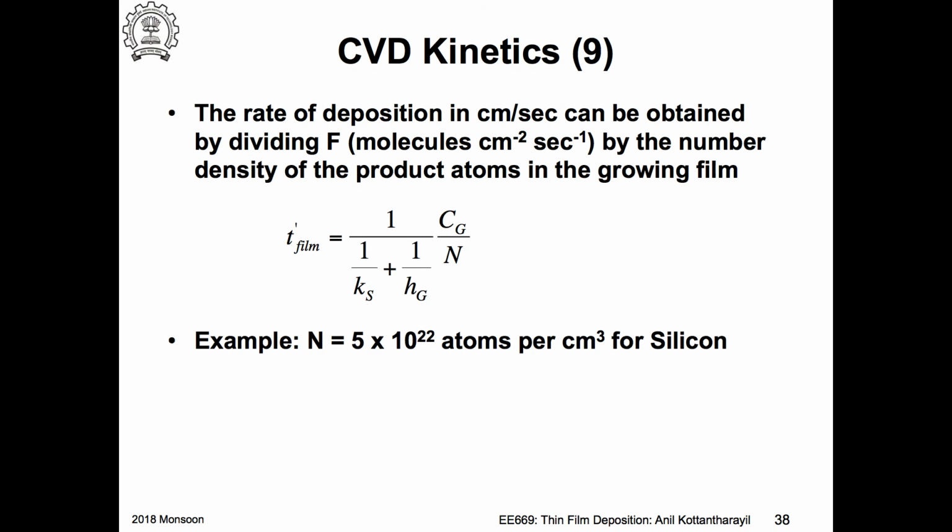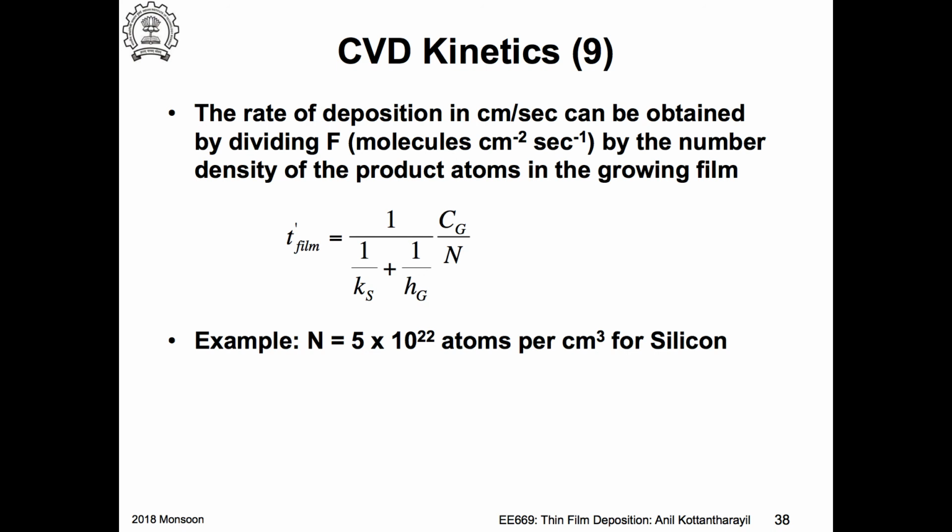So what is the increase in the thickness of the film with time? So this is T prime. You have an increase in the film thickness with time. So that is given by this equation. You divide it by n. What is n? N is the number density of product atoms in the growing film.